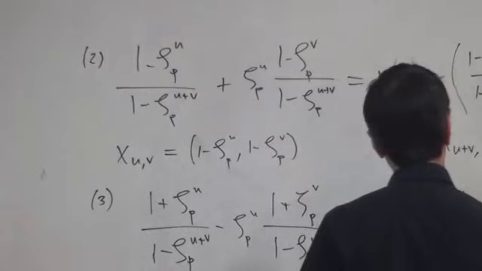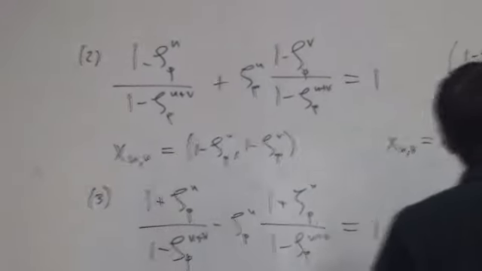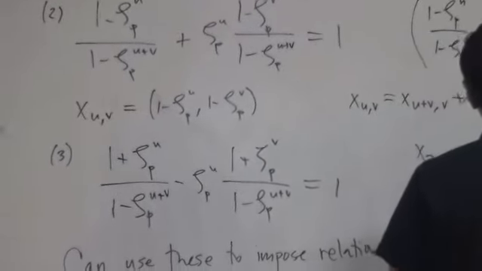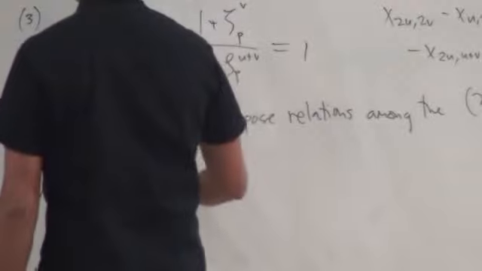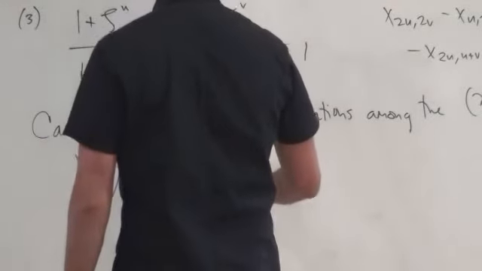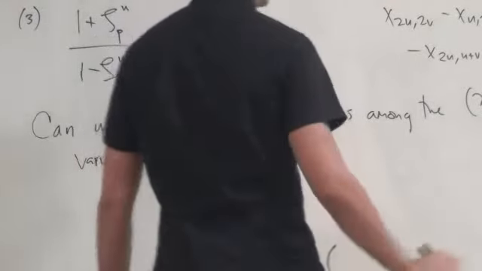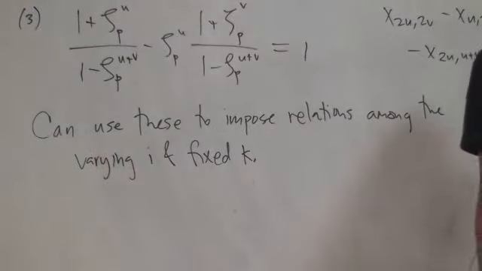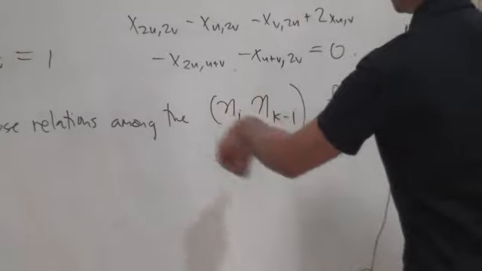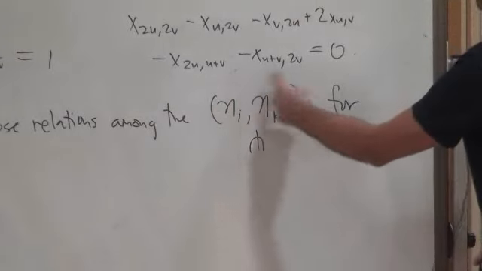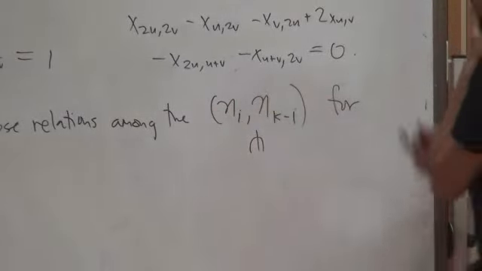among the eta_i, eta_{k-i} for, let's say, varying i and fixed k. Why would I want to fix k? Because if I fix k, then this thing lies in a particular eigenspace. This has an omega to the 1 minus i action, and this has an omega to the 1 minus k plus i action.